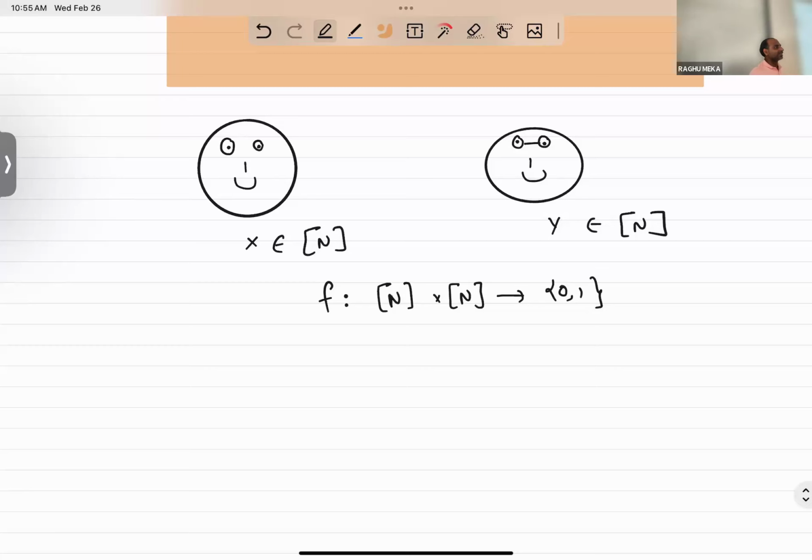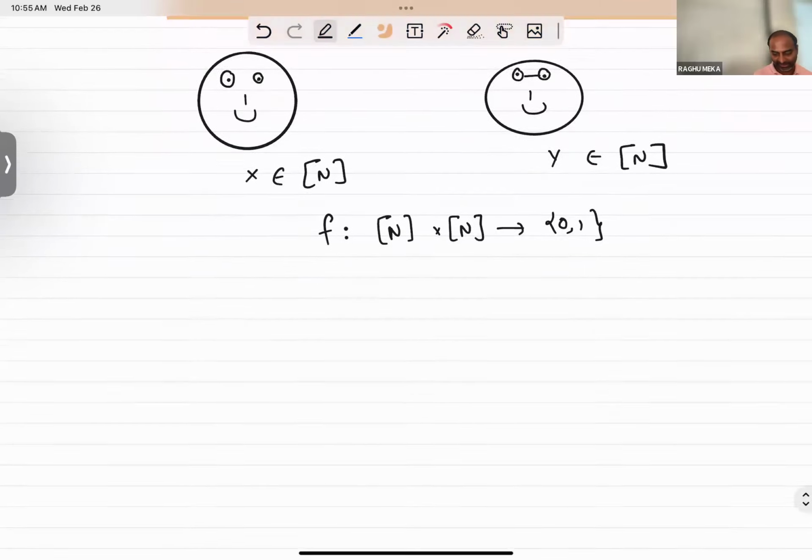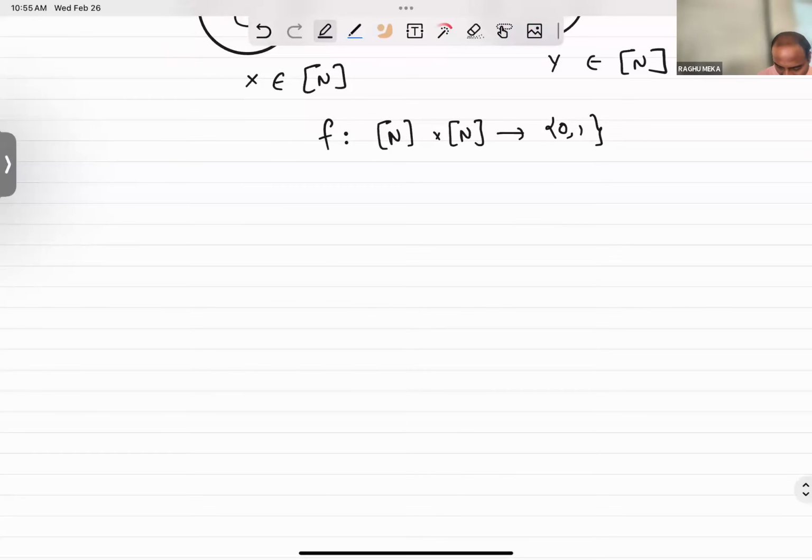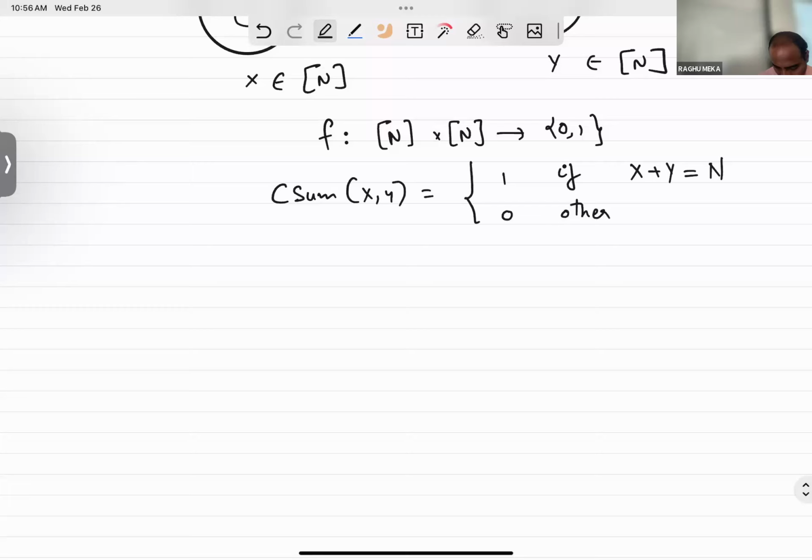A closely related thing to equality, which I'm going to call checksum, is again simplifying the problem just so that we have something concrete to work with.